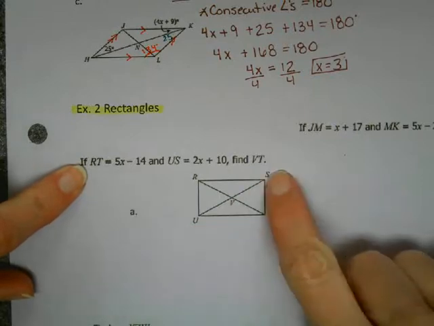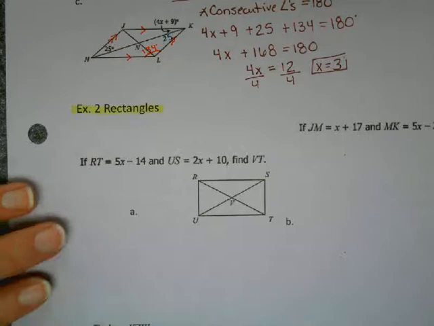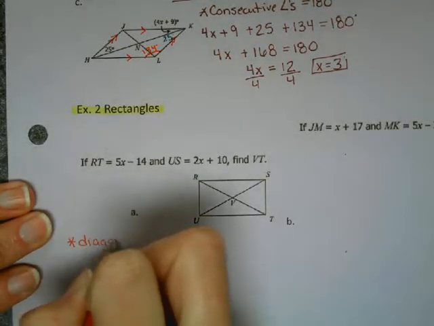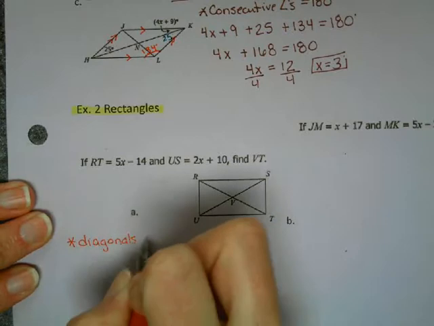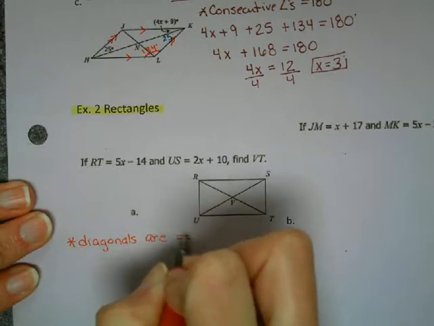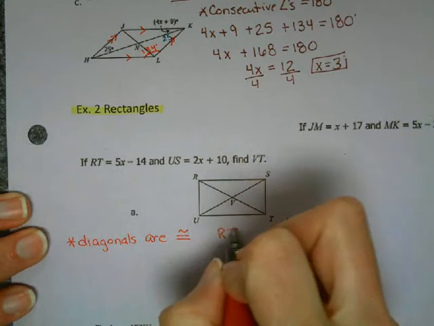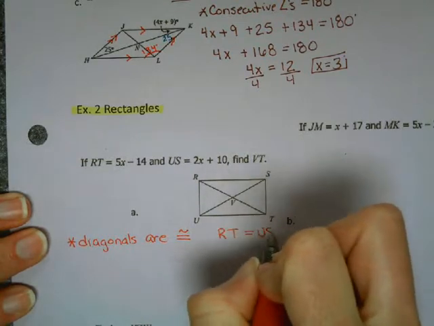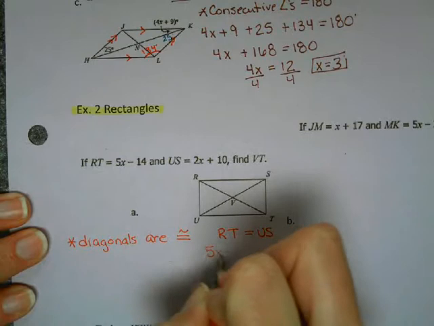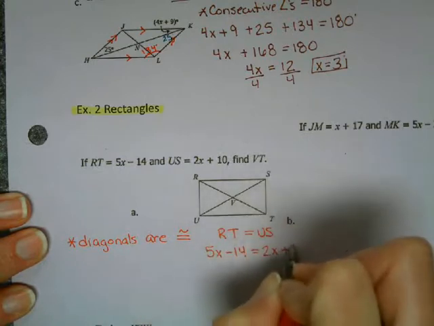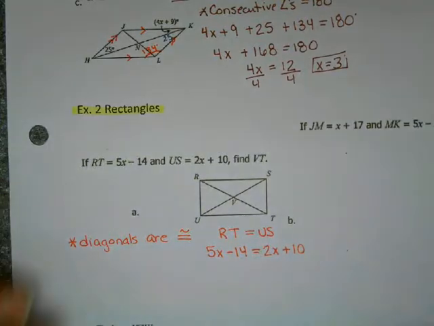And US is 2x plus 10. Since we know diagonals are congruent, that means that I can set RT equal to US. And solve for x.